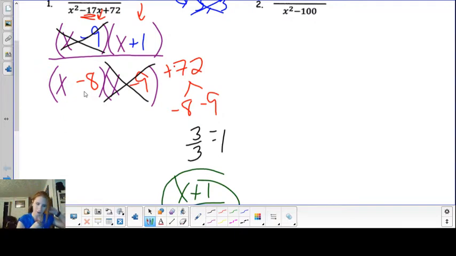I lost my earring. There it is. So a restriction is something that would make my fraction undefined. We don't like zeros in the bottom, so we are going to pick strategic numbers to make the bottom not be equal to 0. Well, essentially here, color I have not used yet.